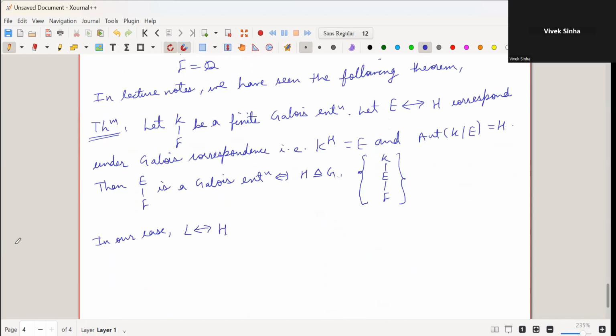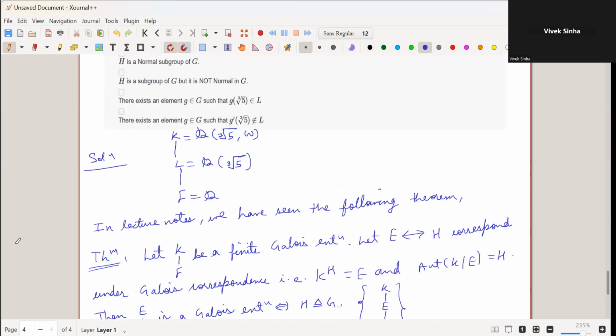And L corresponds to H. So H is a normal subgroup of G if and only if L over F is a Galois extension. But is L over F a Galois extension?